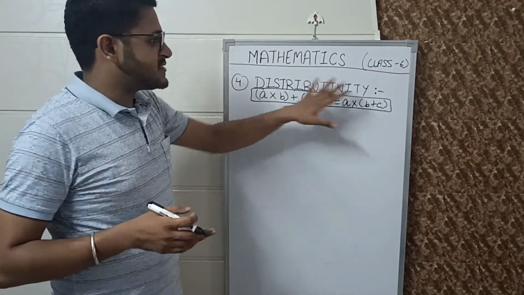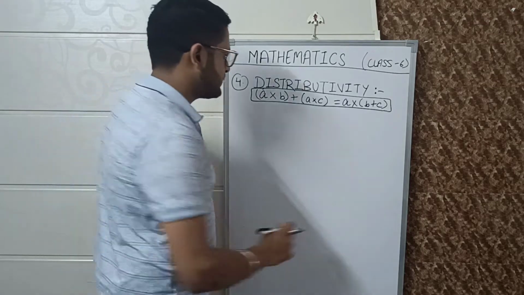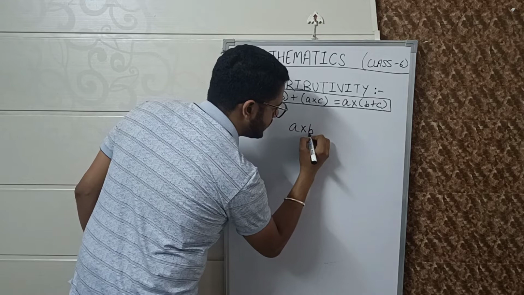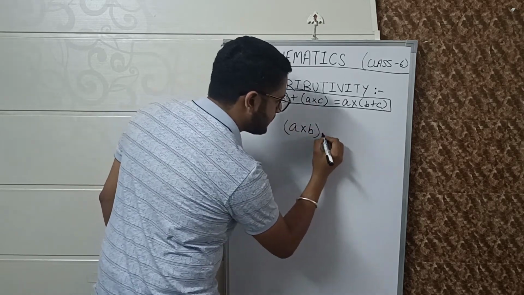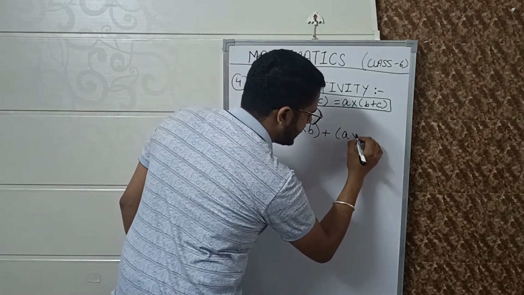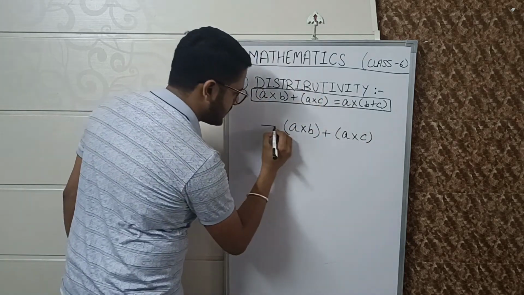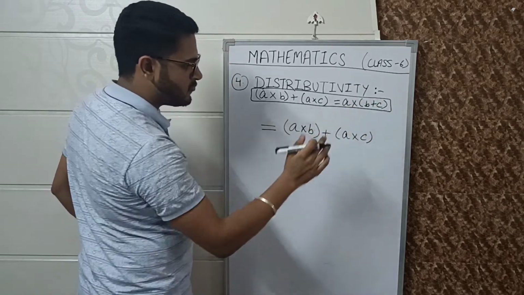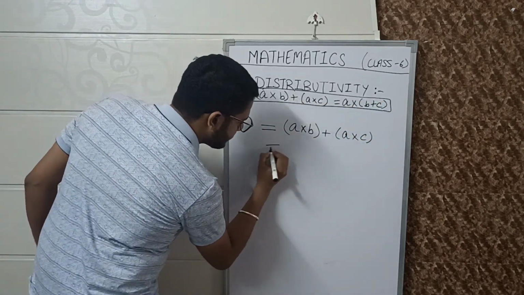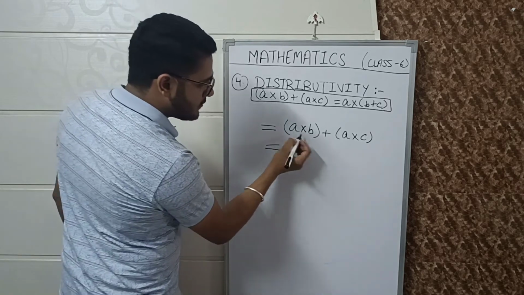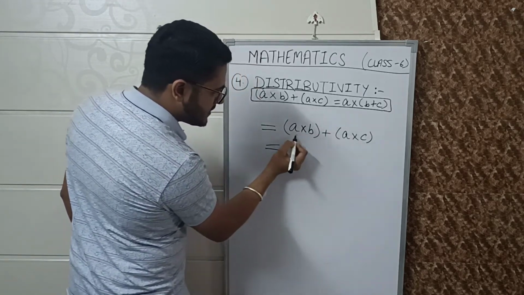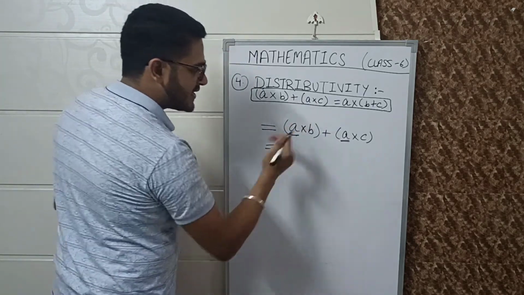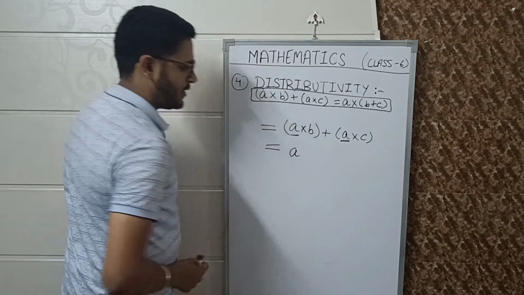Let's try to understand this distributivity in another way. Let's take this portion, A into B plus A into C, right? A is common in both the terms. Let's take A outside.